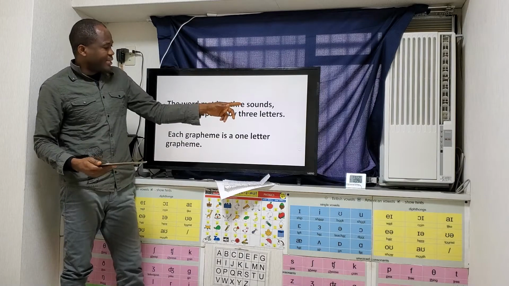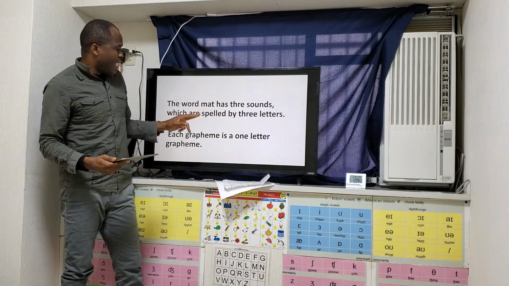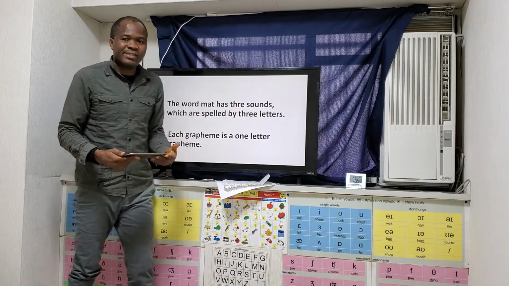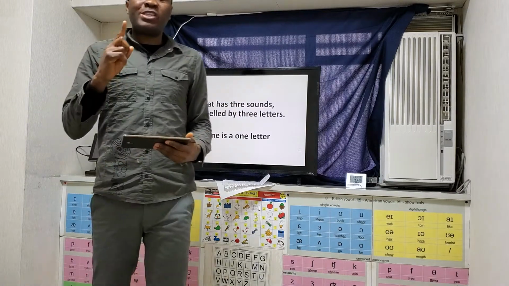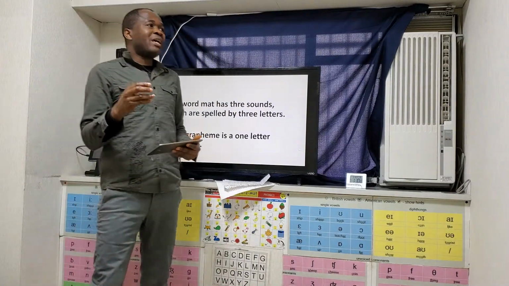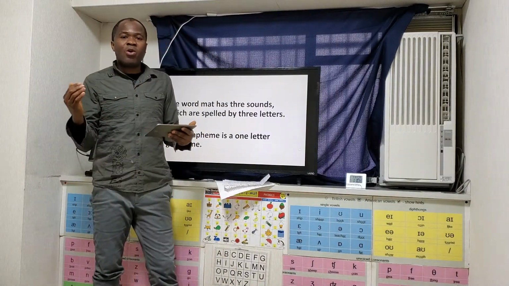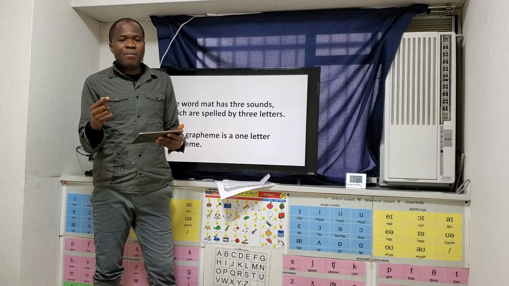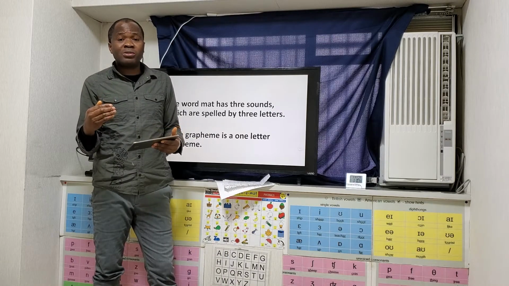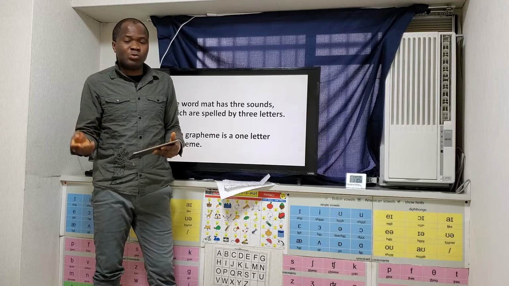It has 3 sounds, which are spelled by 3 letters. This is very, very important. Sometimes the number may not correspond. I'll give you some examples as we move on.